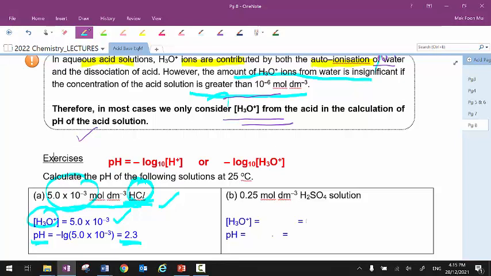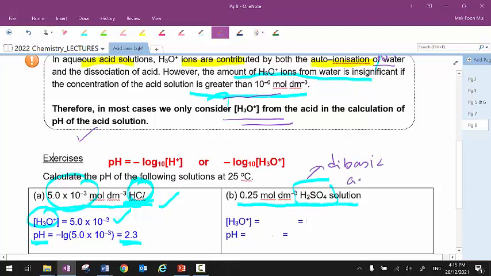You're asked to find the pH of 0.25 mole per dm cube of sulfuric acid. Now take note, sulfuric acid, H2SO4, is what we call a dibasic acid, right? Every 1 mole of H2SO4 will produce 2 moles of H+.